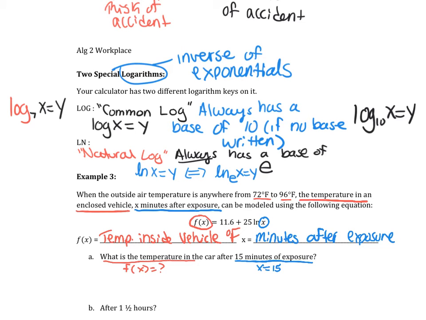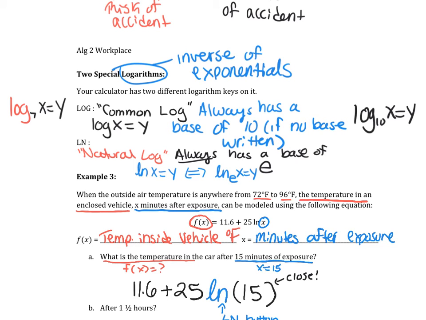So we'll have 11.6 plus 25, and then you use your natural log button, so that's just the ln button. It should pop up with a parenthesis already for you, and it would be the natural log of 15, and then close your parentheses. Make sure you close the parentheses.